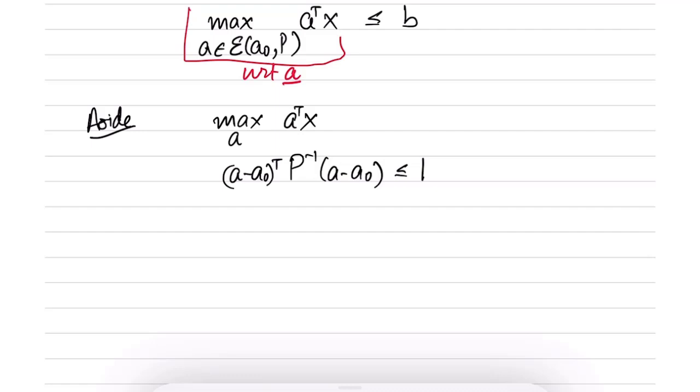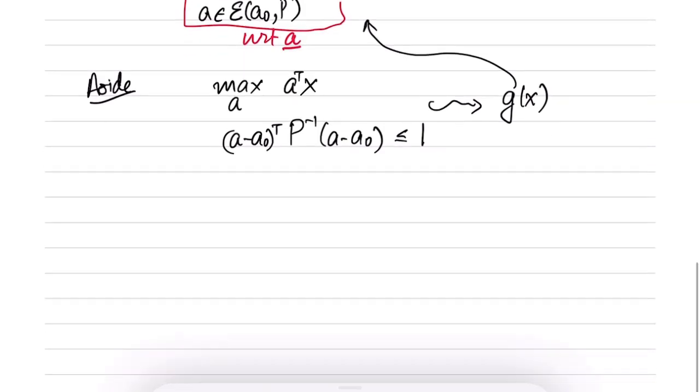Whatever solution we get will be solved with respect to A, and therefore will yield some function of X. We will substitute it here, and we will have our final inequality of the form g(x) less than equal to b. So that is our goal. So let's solve this problem.